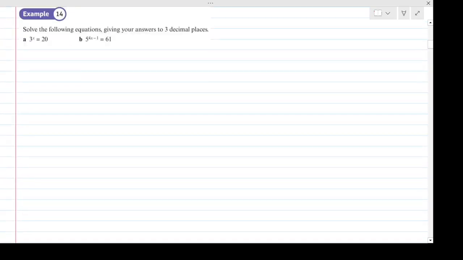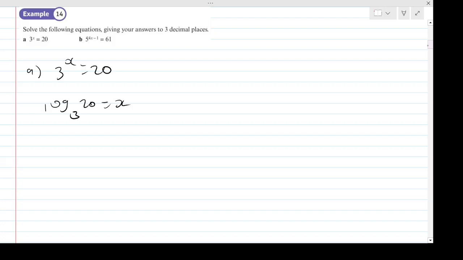Okay, let's have a look at this one then to illustrate what I mean. So firstly, I need to solve 3 to the x equals 20. Okay, and how I'm going to solve this, well, you can do it two ways. You could directly convert this into log form, because we know that log base 3 of 20 equals my power x.